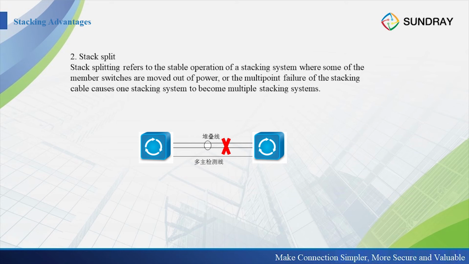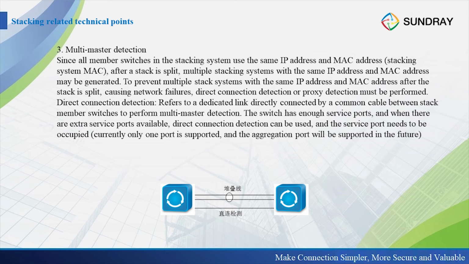So we need to detect it to prevent multiple stack systems with the same IP address and MAC address in the network, causing network failures. So we need to use a cable to connect them and then detect whether there is a multi-master.